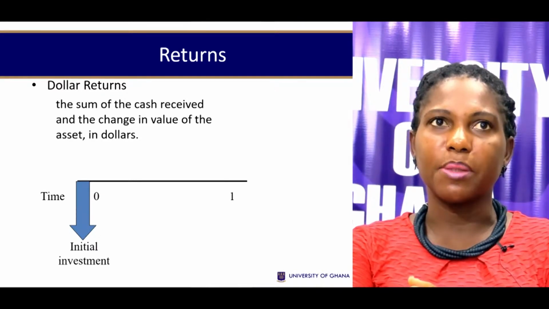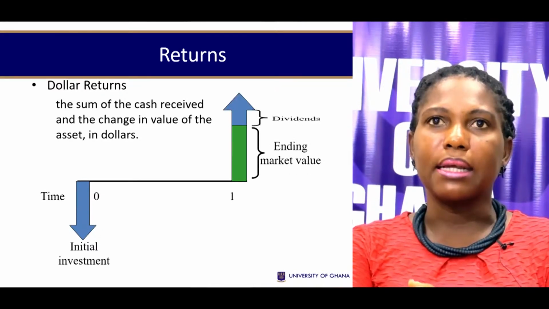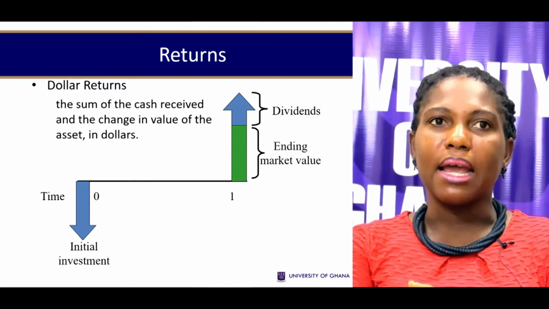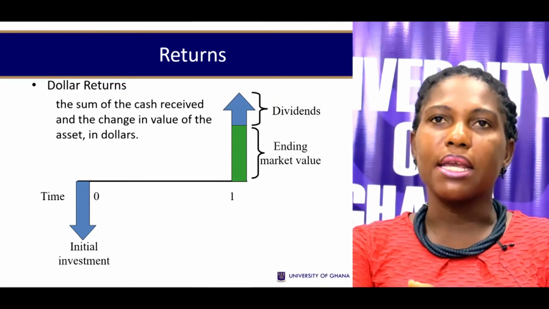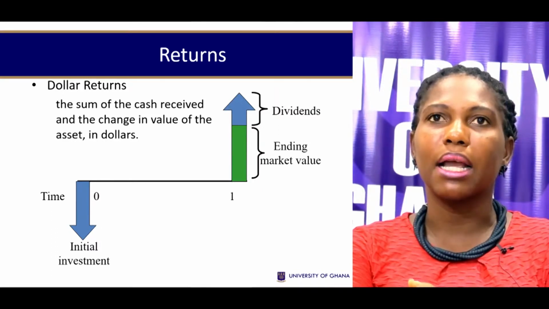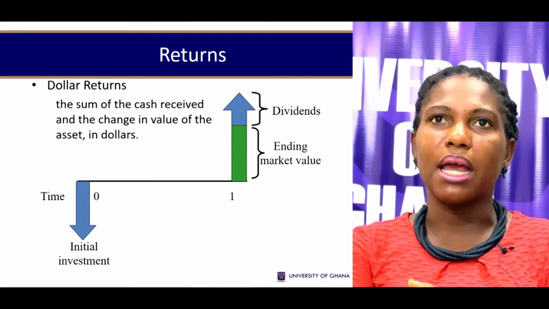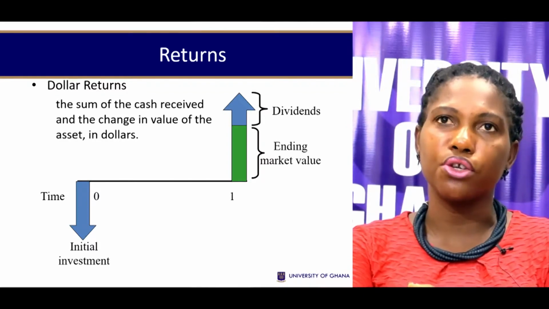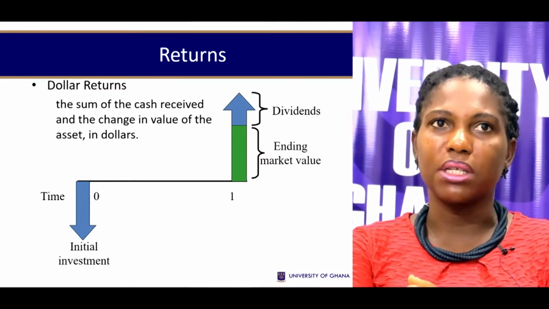Now take an investment, for example, that is undertaken today. At the end of the period, assuming it's a one-year investment, all things being equal, you're going to receive the ending market value of that investment, and if possible, for example, if you were to use stocks, the dividends to be received.